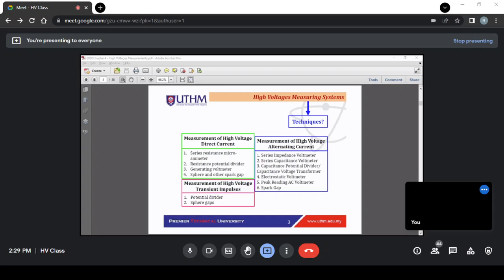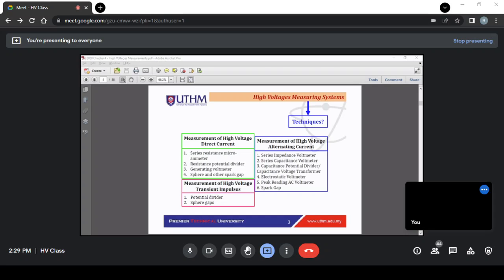Okay, and then we have a peak reading AC voltmeter. What the device does is measure the peak values of the AC voltage. But this technique requires a destructive discharge.